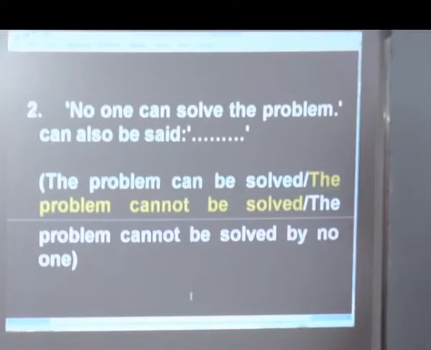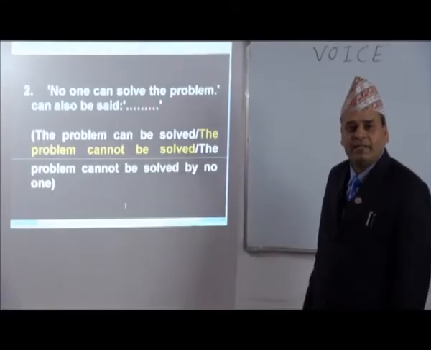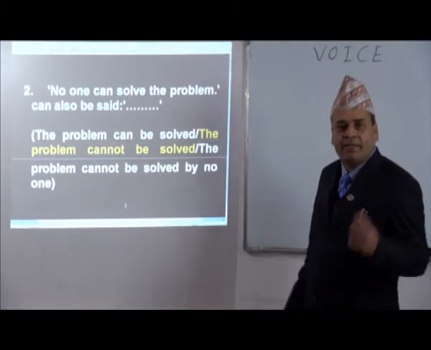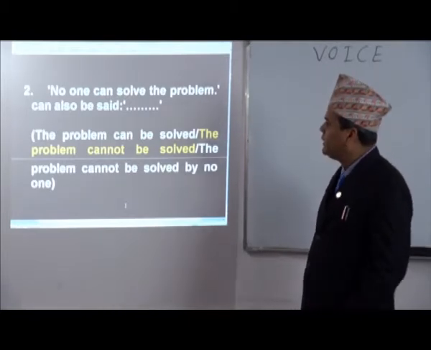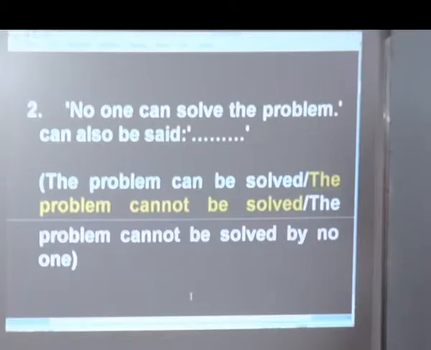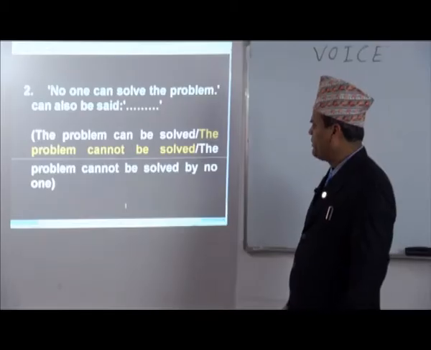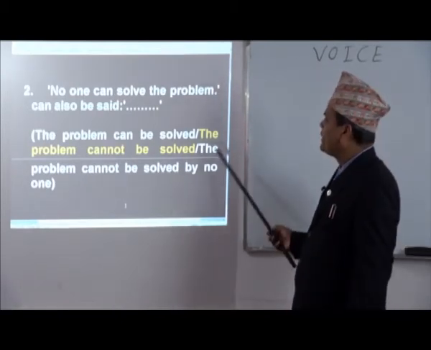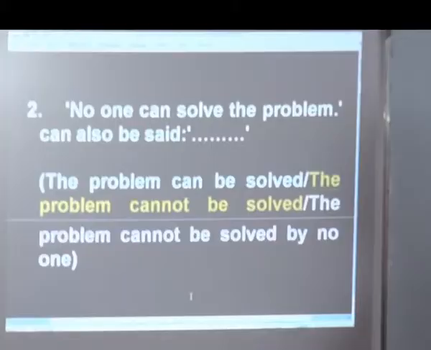Similarly, we are going to look at the second example. The sentence is "No one can solve the problem." It can be changed into passive form. You see some options here. The problem can be solved, the problem cannot be solved, the problem cannot be solved by no one. The exact answer is "The problem cannot be solved." Now let's move to the third sentence.